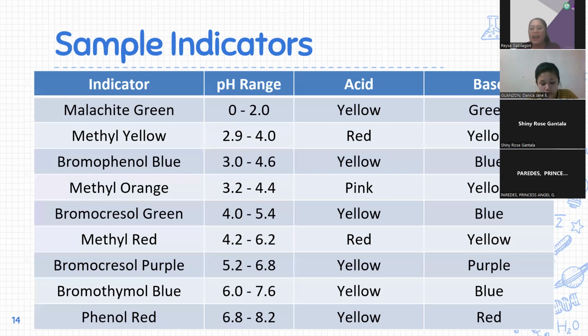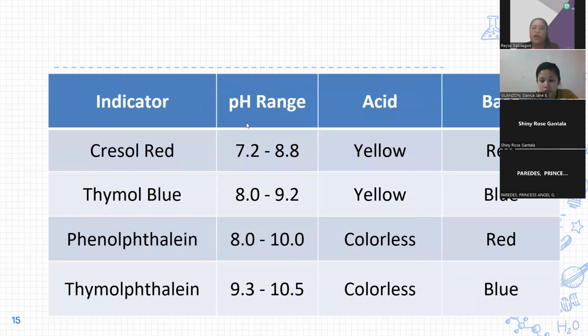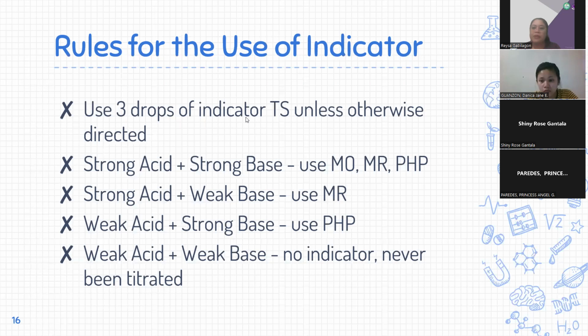So they have different color when you place them in an acidic environment, and basic environment naman, different color na naman sila. Okay? So ayun sila yung reason why there will be changes in color during titration.